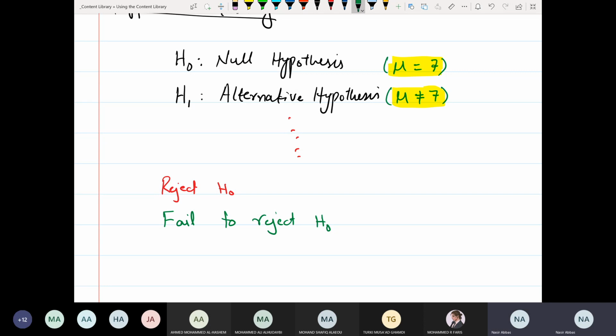We never know the real situation, whether this hypothesis is right or this hypothesis is right, we will never know. Because these are statements about unknown population parameters, and you don't know these parameters. So you will never know whether mu is 7 or not.